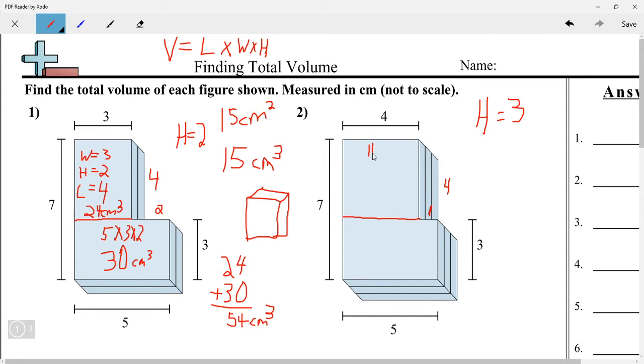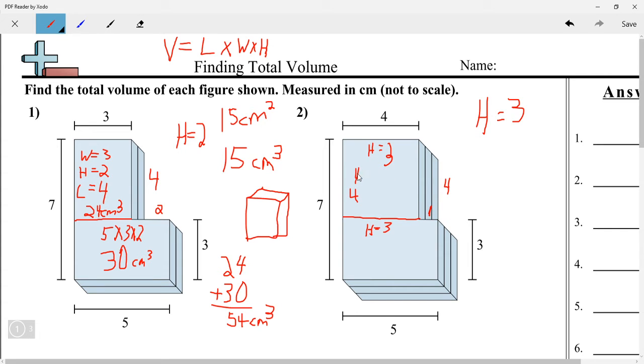As I said, we can put height equals 3, because there are 3 levels, and we can put that in each of these rectangles. So height equals 3, and then this one is actually 4 and 4 for length and width.